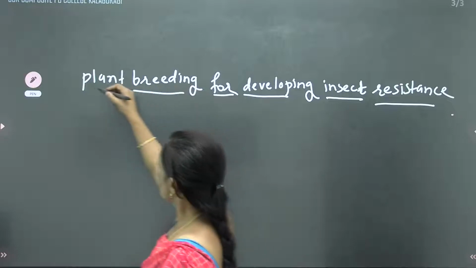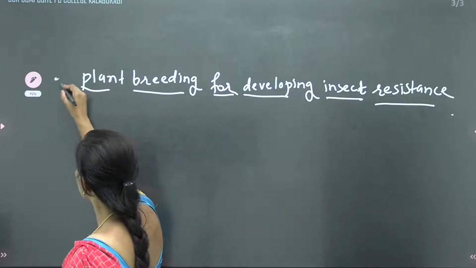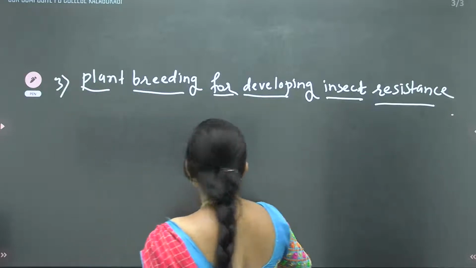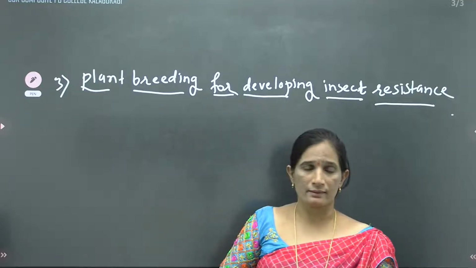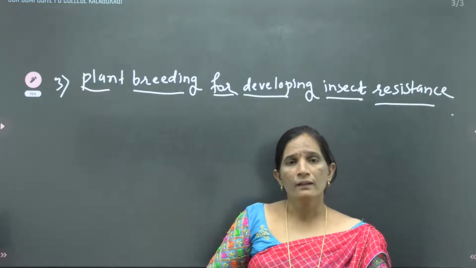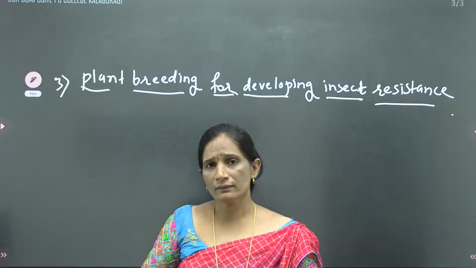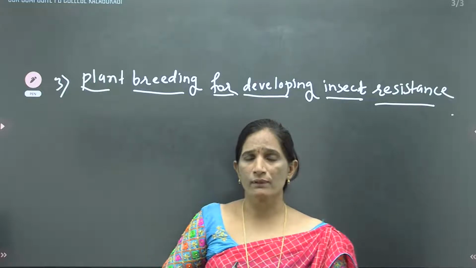So the third importance is plant breeding for developing insect resistance plants. Is it clear? It is another one due to the infection of insects.